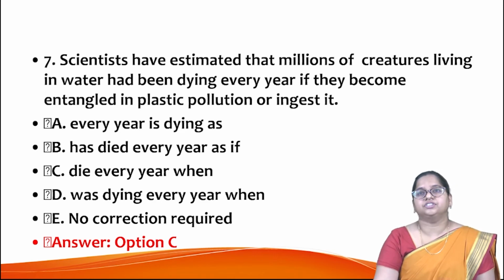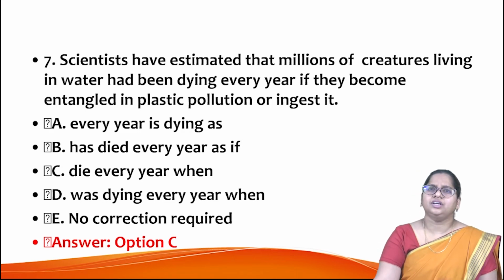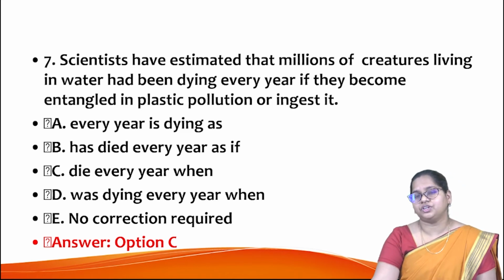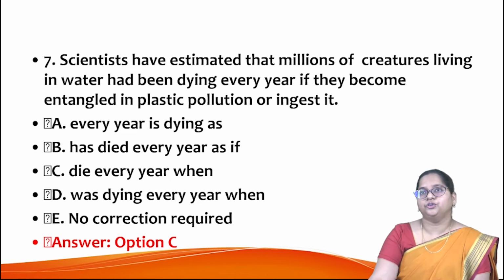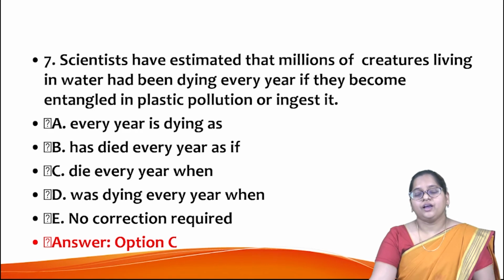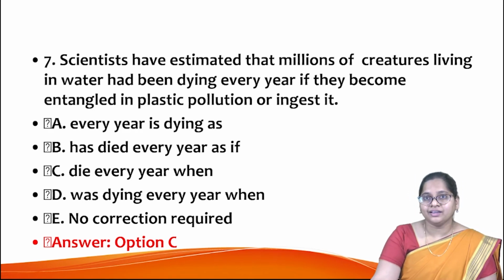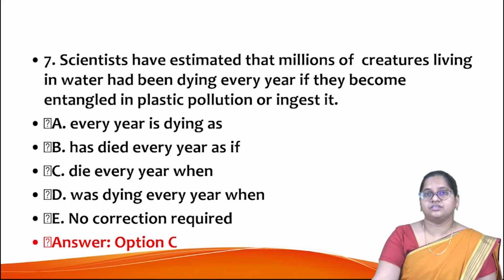They die every year when something happens. You can say, if you come, you can go. So Option C, die every year when they become entangled in plastic pollution or ingested, is the right answer.